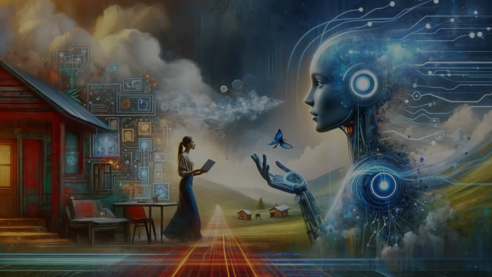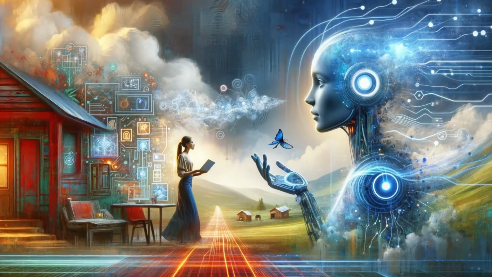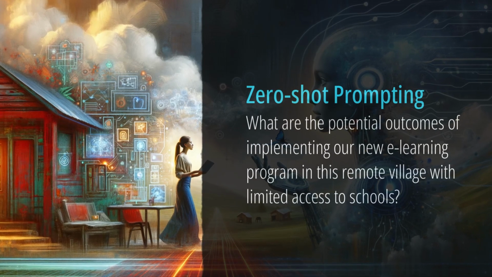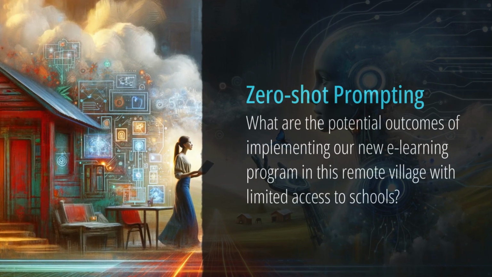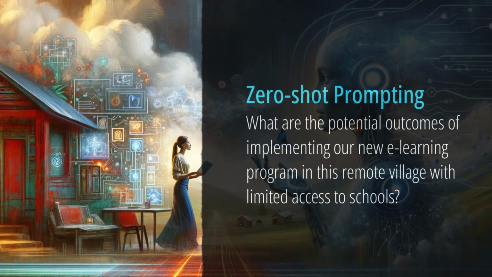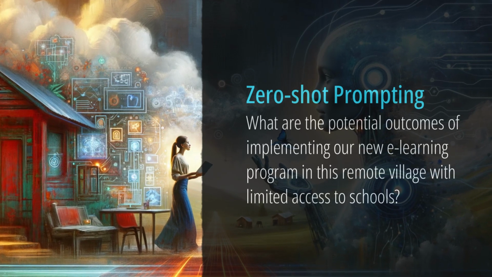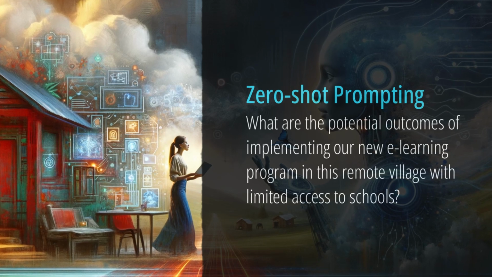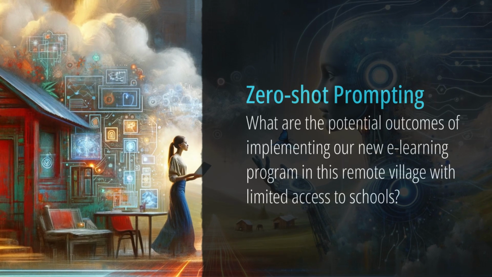You can use this approach to ask an AI model a question like, what are the potential outcomes of implementing our new e-learning program in this remote village with limited access to schools? The AI model, drawing upon its extensive knowledge and understanding of education initiatives, can provide you with insights and predictions about the potential outcomes.